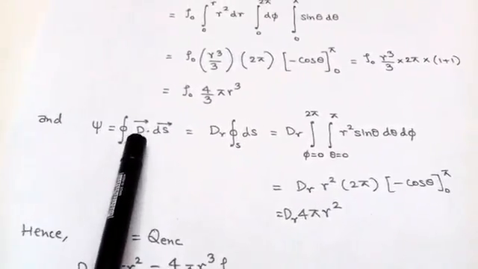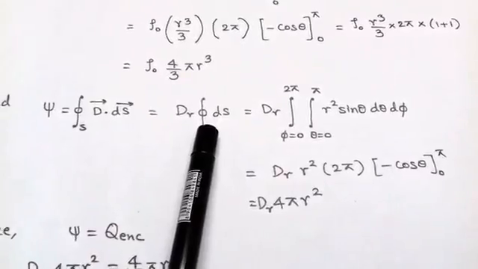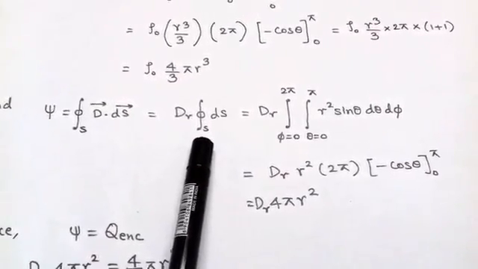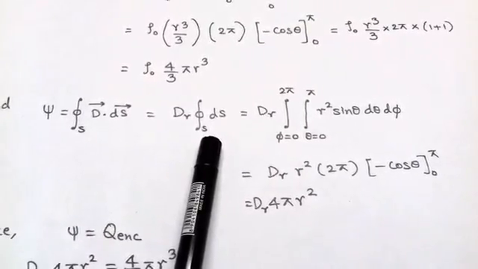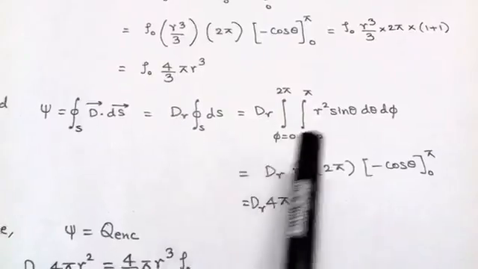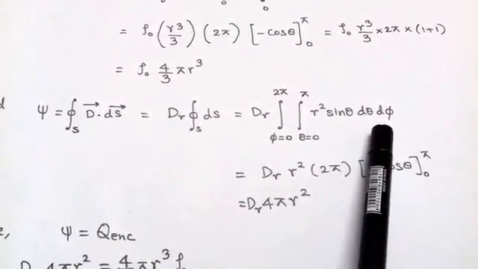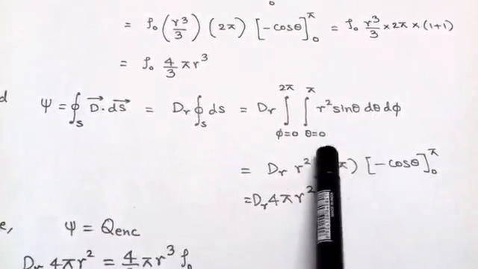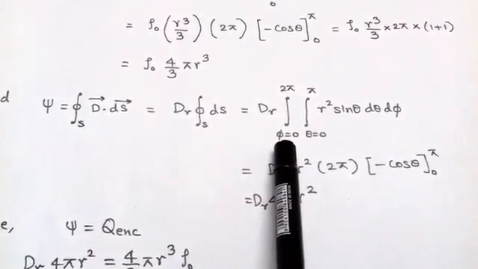The dot product of two same vectors is 1. So we get a closed surface integration of dS. In the spherical coordinate system, the closed surface integration of dS in the direction of unit vector r is r squared sine theta d theta d phi. So here we take a double integration, first with respect to theta and second with respect to phi.